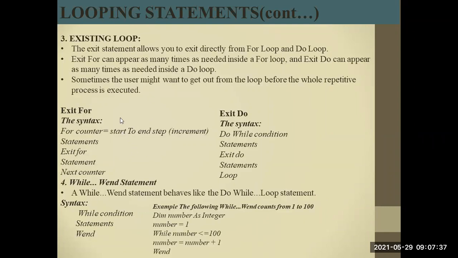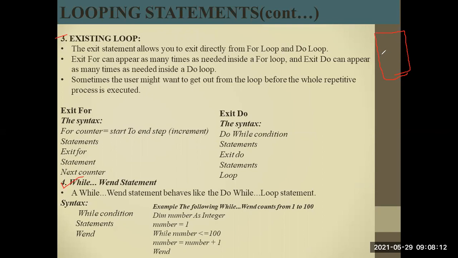Today we are going to discuss two more loops, the exit loop and the while wend loop. Sometimes we require coming out of a loop without executing the entire code, for any reason or situation. As we know, a loop is nothing but repeated execution of a set of statements while the condition is true.